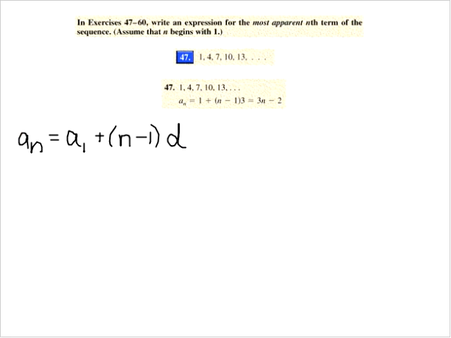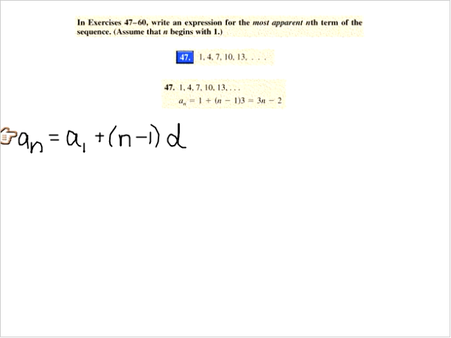For the next one, let's write an expression for the nth term of the sequence. We're assuming that n begins with 1. Basically we have this generic formula. We learned this in Algebra 2 as well, so I'm just bringing it back up. A sub n equals a sub 1 plus n minus 1 times d.